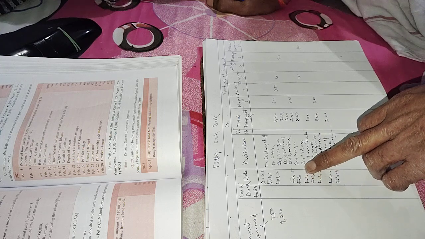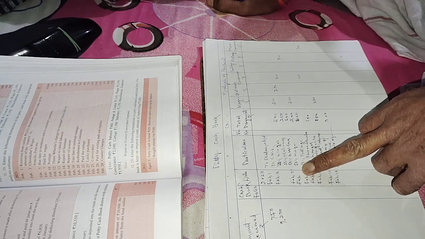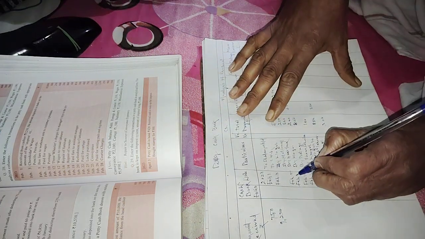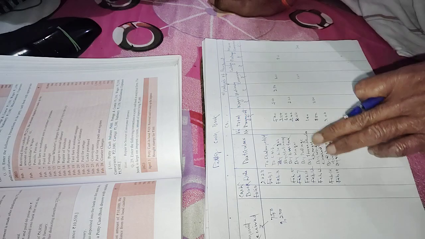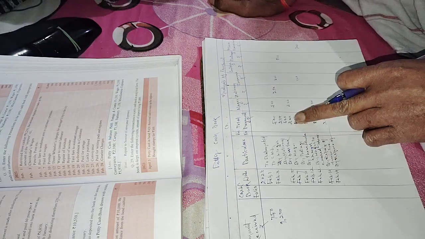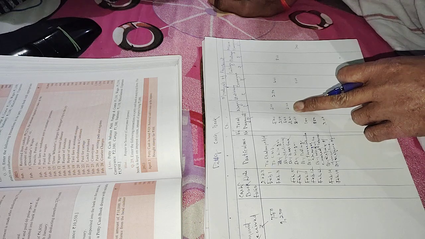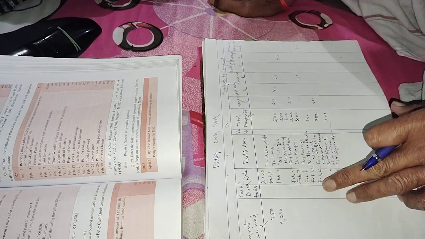Next, February 7, paid for wages 200. I put the 200 first in the total payment and then 200 also in the wages column.